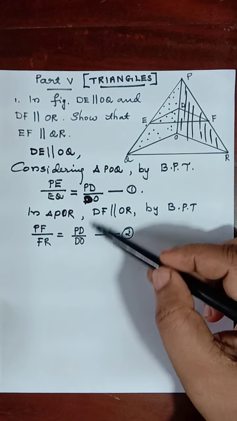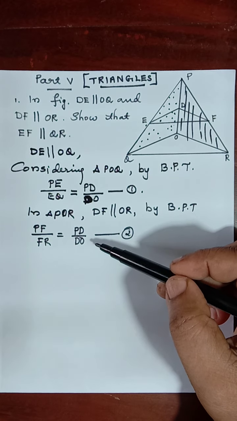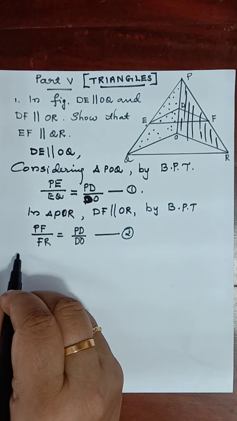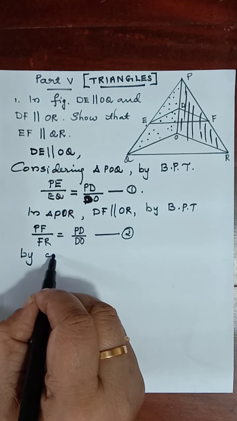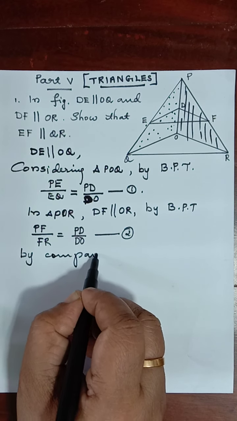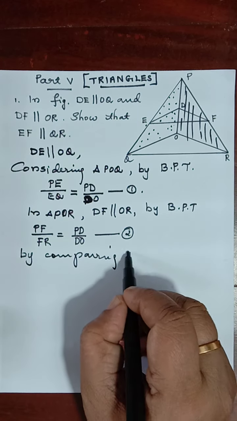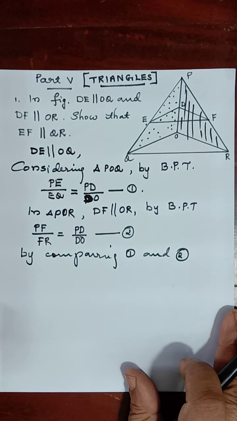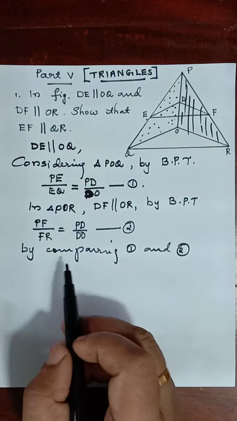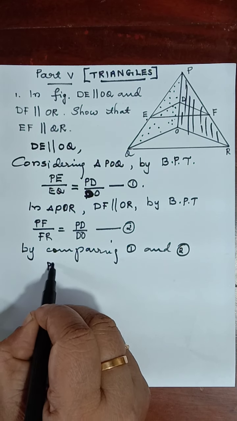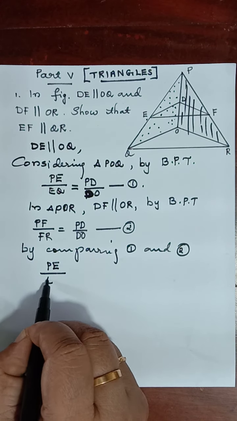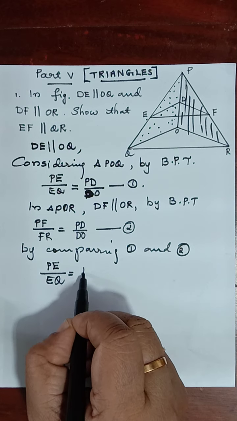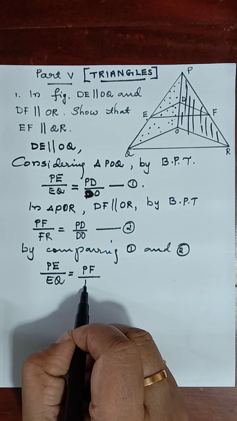Look at the right-hand side of both equations. Aren't they the same? So by comparing equations 1 and 2, what do we get? The right-hand sides are equal. Therefore, PE by EQ is equal to PF by FR.